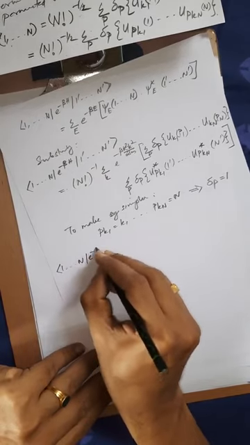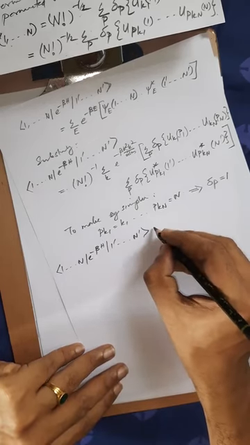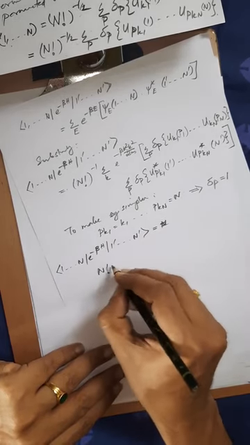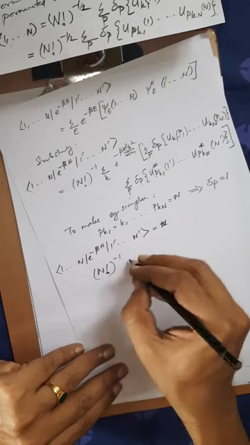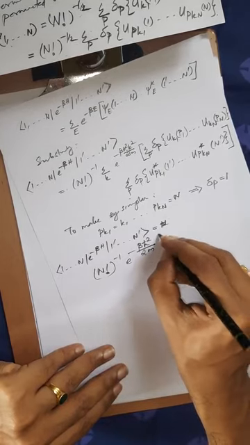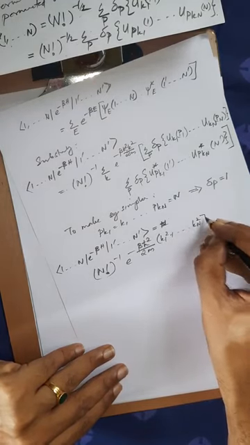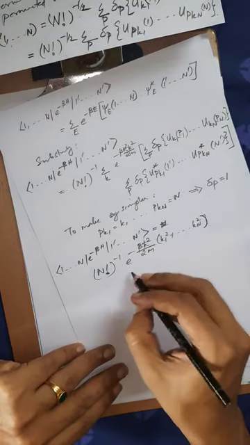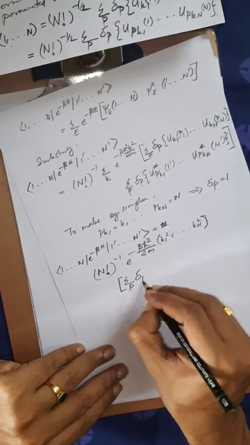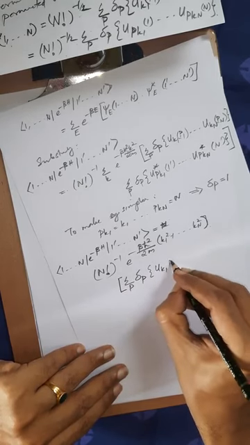Sum over 1 up to n e raised to minus beta h 1 prime up to n prime is equal to, I'll write in the next line, n factorial raised to minus 1 e raised to minus beta h cut squared by 2m into k1 squared plus up to kn squared, into sum over p delta p uk1 p1.